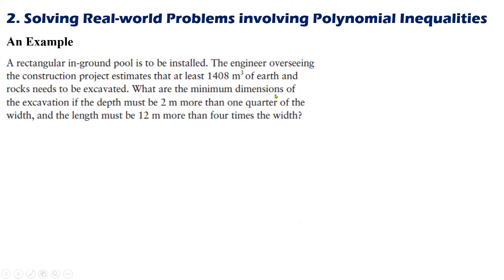What are the minimum dimensions of the excavation if the depth must be 2 meters more than 1/4 of the width, and the length must be 12 meters more than 4 times the width?